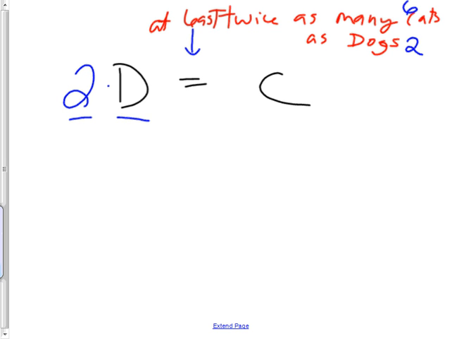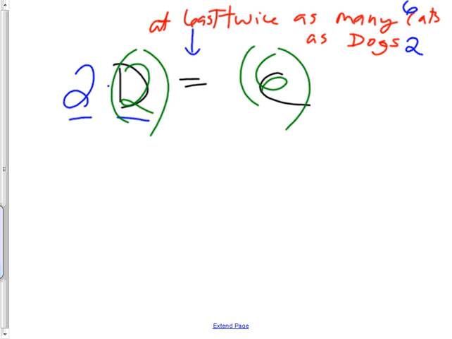It's way more than twice as many, 3 times as many. But anyway, I can now put those numbers in. 6 cats, 6 here, and 2 dogs, 2 here. Now tell me, 2 times 2 is not equal to 6, obviously. So that tells me which way to put the sign, though. You see how it's like that?